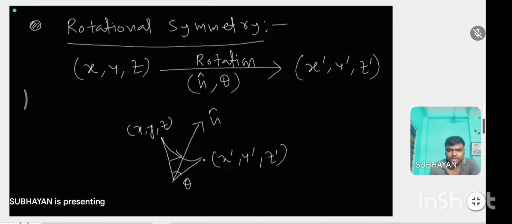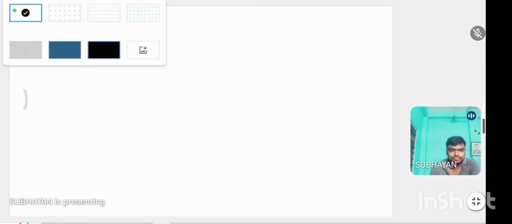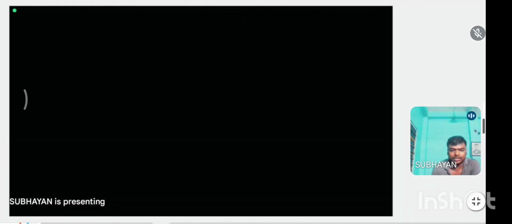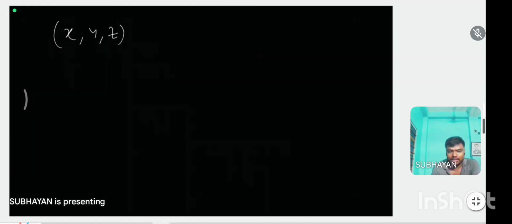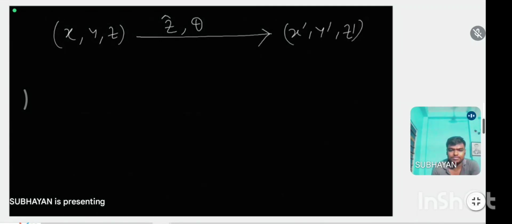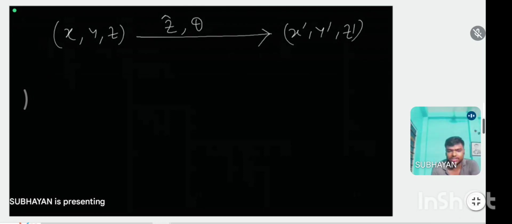Okay. So for example, suppose you have a point with coordinate x, y, z, and after rotation about the z axis with an angle theta, it will go to x prime, y prime, z prime, and you know the transformation between these.